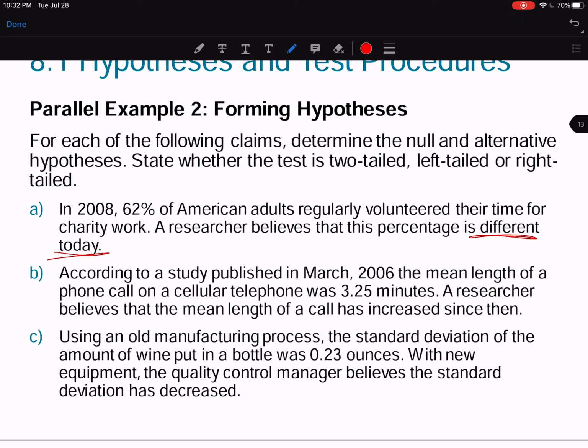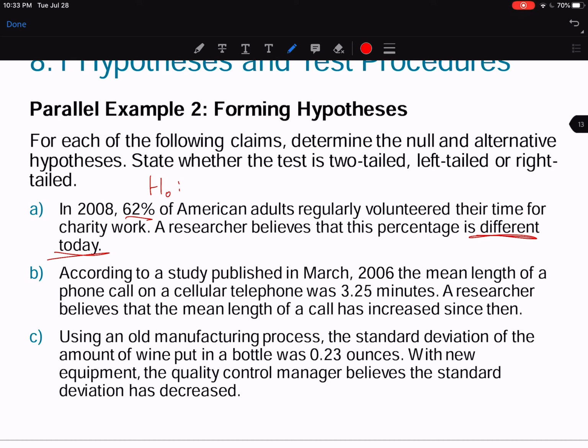Now let's take a look at how to set up the null and alternative hypothesis for this one. First of all, which parameter are we working with here? We're working with the percentage, right? So it's a population proportion, and we know that the null hypothesis is always the statement containing the equality.